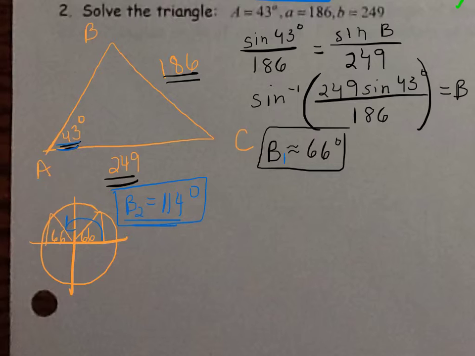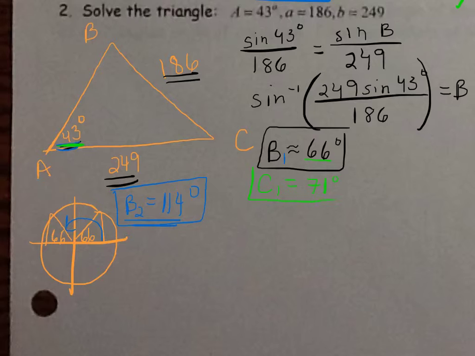All right, so if I have an angle B1 of 66, I can then find my C1. If I take 180 minus 66 minus 43, then my C1 could be 71 degrees.